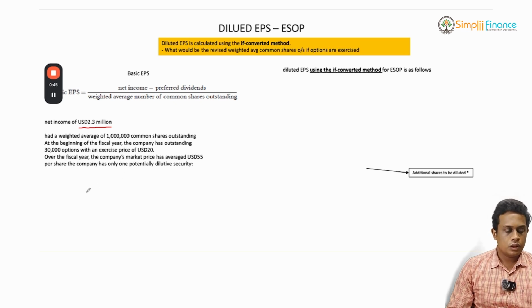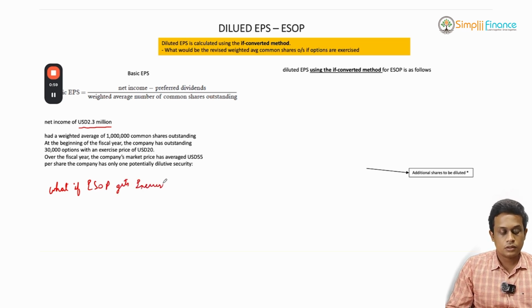So here when I use the what if converted method, what I want to understand is what if the ESOPs get exercised. You have a total of 30,000 ESOPs and you will be paying an exercise price of 20. So this will amount to 600,000 USD in value.